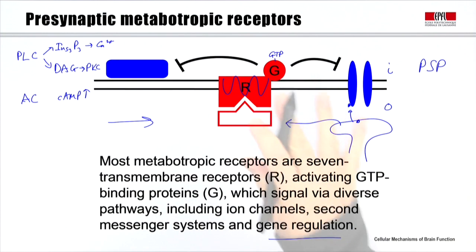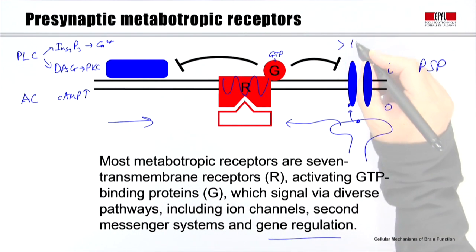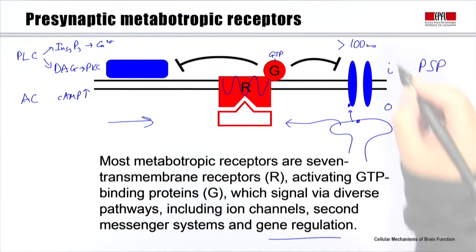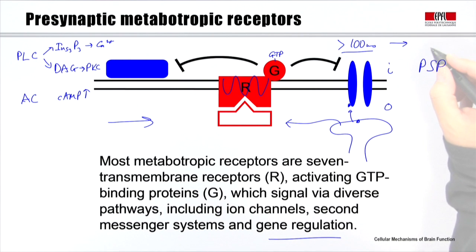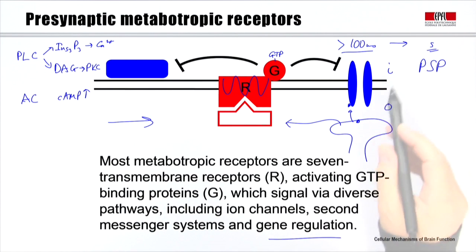And so the whole process downstream of metabotropic receptors probably requires at least some tens of milliseconds. Probably we're thinking more than 100 milliseconds in most cases, and the effects can also be longer lasting. They can last for many seconds, and even in some cases, hours. The metabotropic receptor signaling pathways are extremely useful, very diverse.